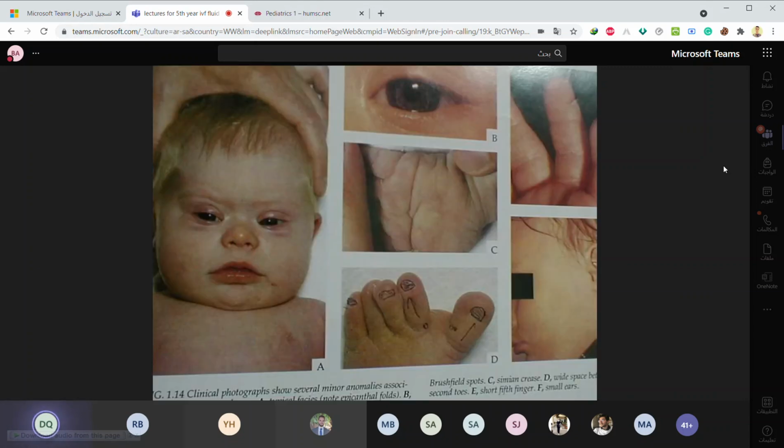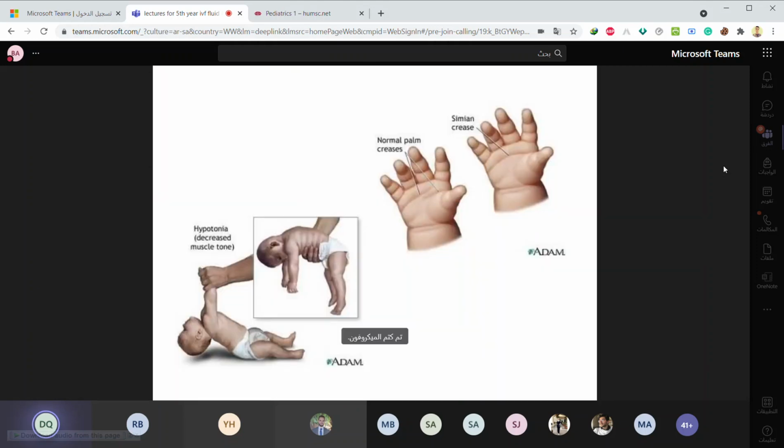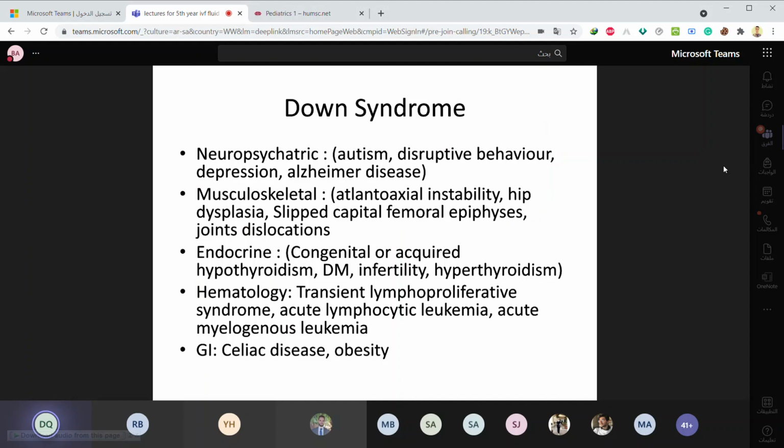This is also Down syndrome. Hypotonia, head lag, vertical suspension, and the creases that occur in Down syndrome. You have to know all of them.